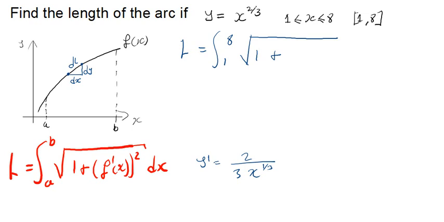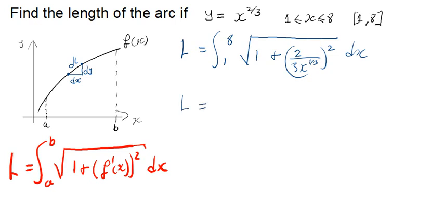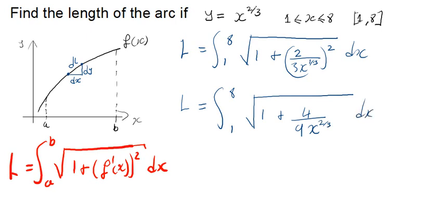So we have 2 over 3 x to the power negative 1 over 3, and this is squared, then we have dx there. My L is equal to the integral of that, with that limit there. So this is going to be 1 plus 4 over 9x to the power 2 over 3 dx.